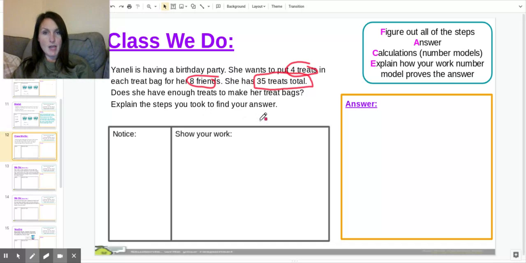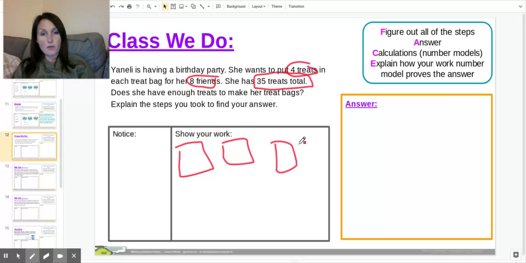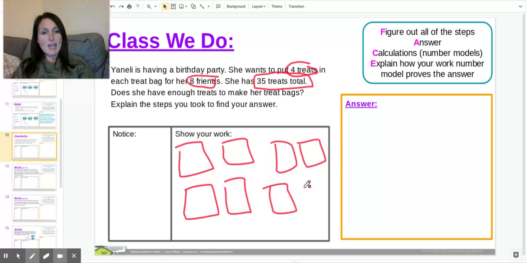And explain the steps. So I would draw this out and say she wants to put 4 treats in each bag for 8 friends. Well, I'm going to draw my 8 friends. 1, 2, 3, 4, 5, 6, 7, 8. And then now she wants to put 4 in each, but she only has 35 total.